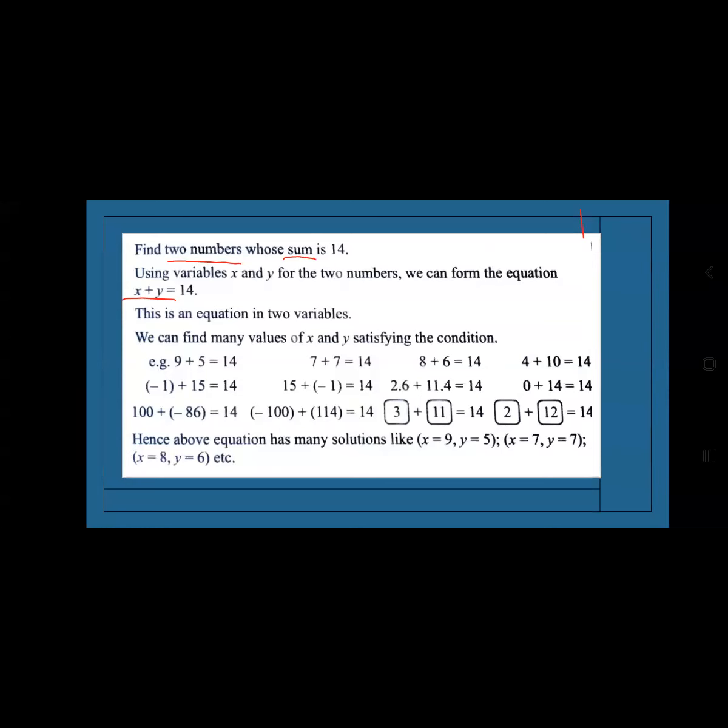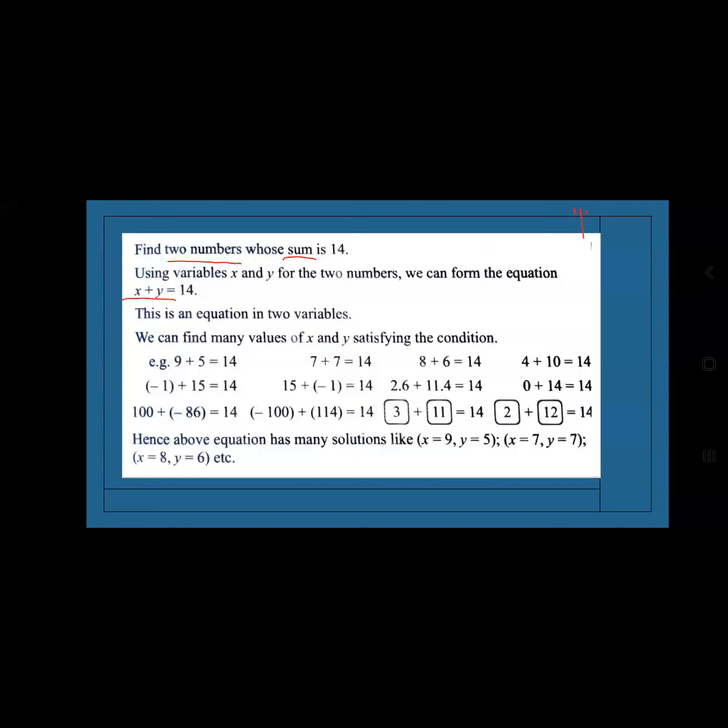In the previous example, I told you that whatever value you get for the variable should satisfy the given equation. So if I take n number of values, suppose 9 plus 5 equals 14, then 7 plus 7 equals 14, 8 plus 6 equals 14. That means you can get infinite values for this question, where the sum of the two numbers is 14.